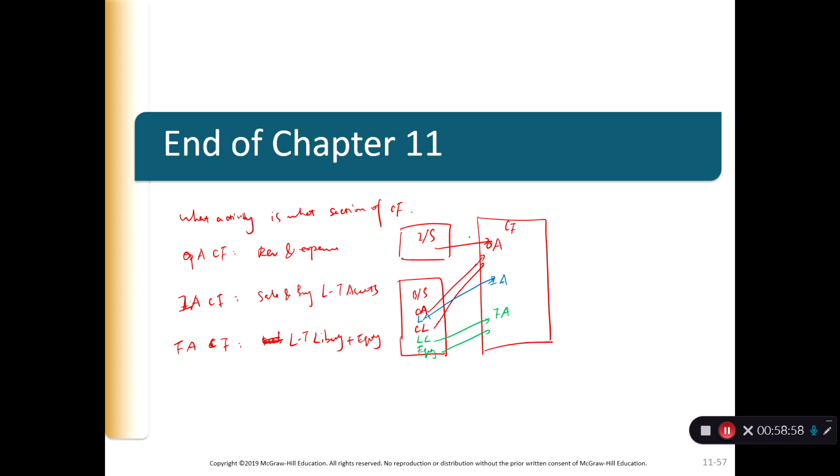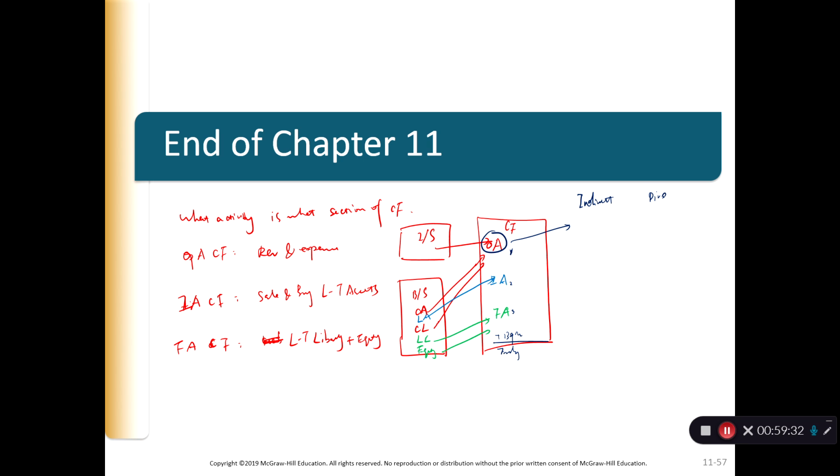Okay, so the second lecture of this chapter goes more in depth on how we prepare the operating activity first. We need 3 steps. First prepare each one, steps 1, 2, 3, and then add them up, add the beginning, and then we get the ending, right? So that's it. The first hard one is operating activity, and we introduced that there is an indirect method and a direct method.